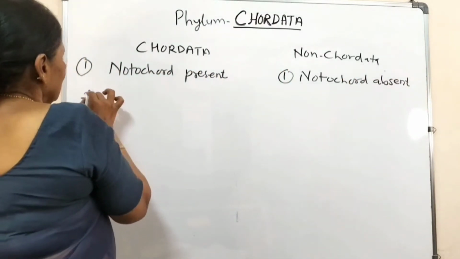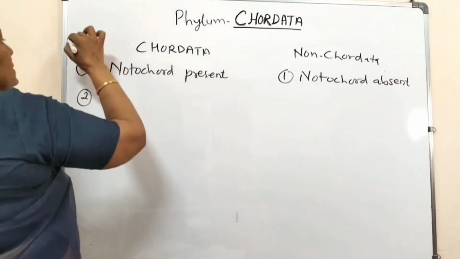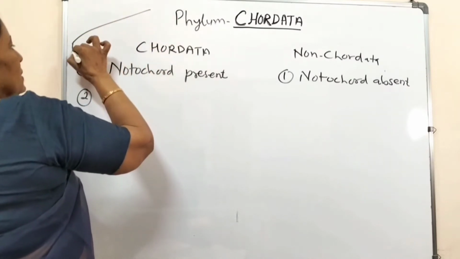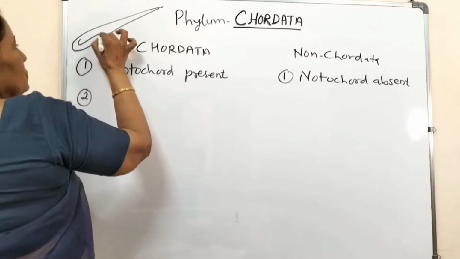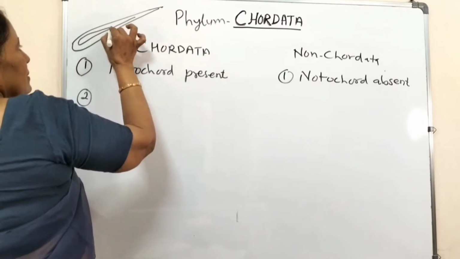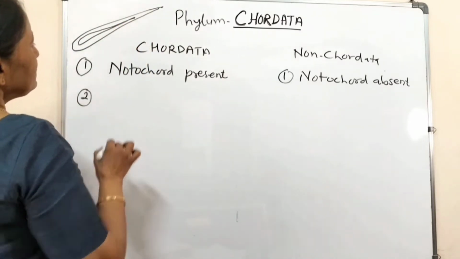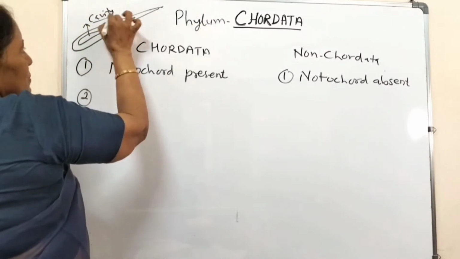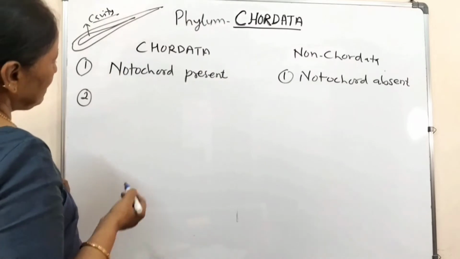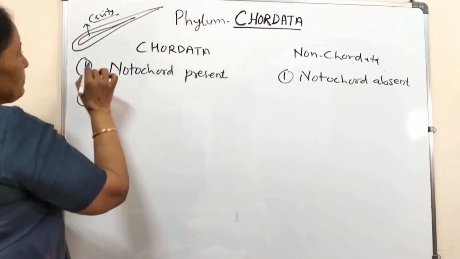Now second, the nerve cord. You have just studied the structure of the nerve cord, and we have shown that it is dorsal as well as it has a cavity inside. Remember this, so you will be able to understand this point.